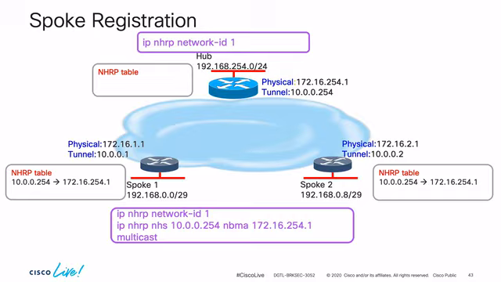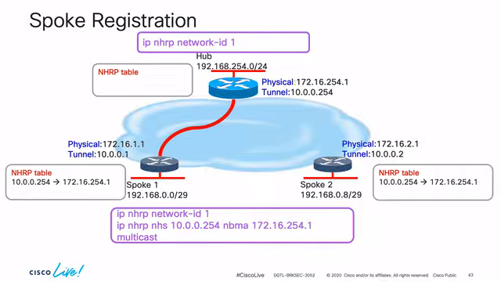It sees a mapping for 10.0.0.254, so it sends out a registration request packet to the hub.